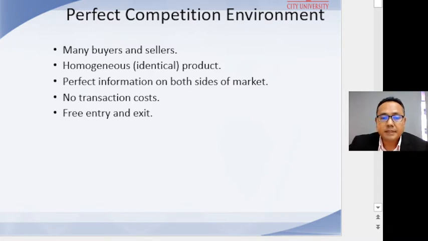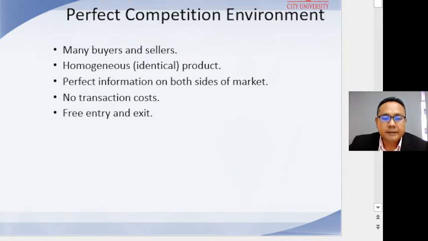If one firm charges a slightly higher price, consumers would not stop at that firm, but instead would purchase from a firm charging a lower price. Thus, in a perfectly competitive market, all firms charge the same price for the good, and this price is determined by the interaction of all buyers and sellers in the market.